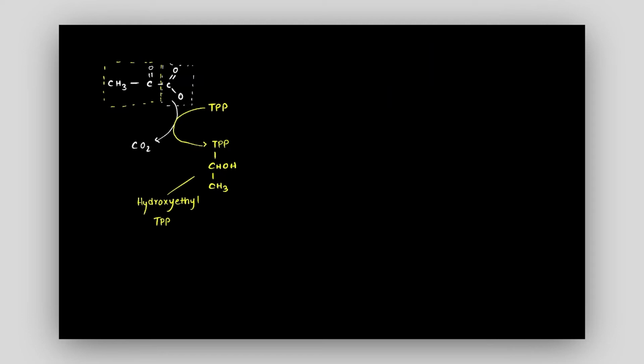Now this hydroxyethyl TPP, when it forms back to the normal TPP, it comes in contact with a lysine side chain amino acid which is present in the E2 molecule, or the E2 enzyme. It comes in contact with the lysine side chain, and this lysine side chain is having a lipoic acid group.